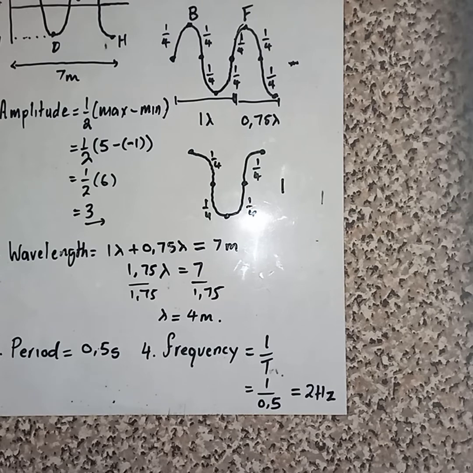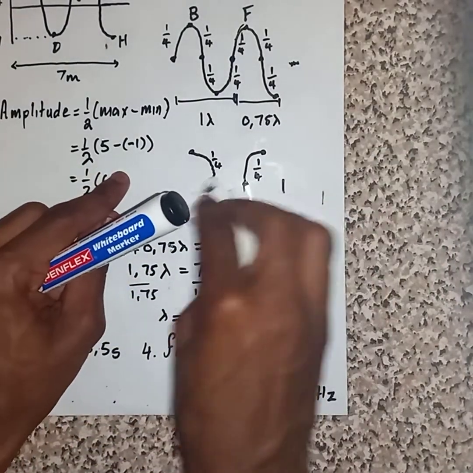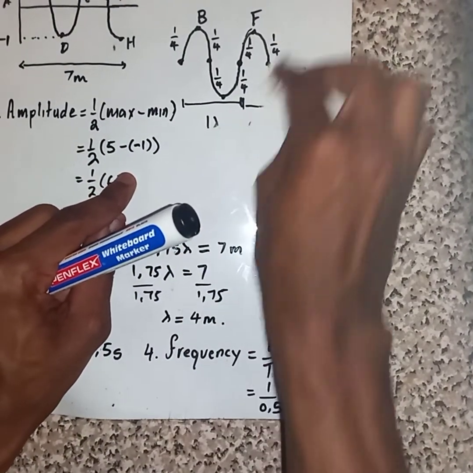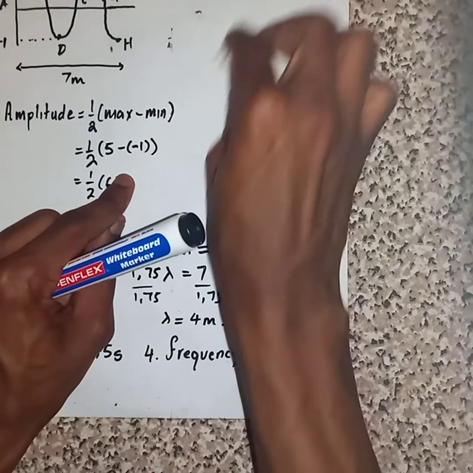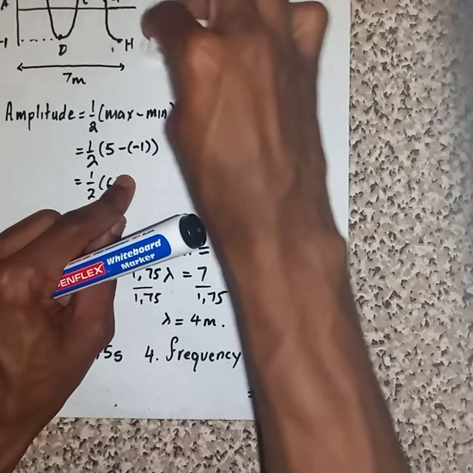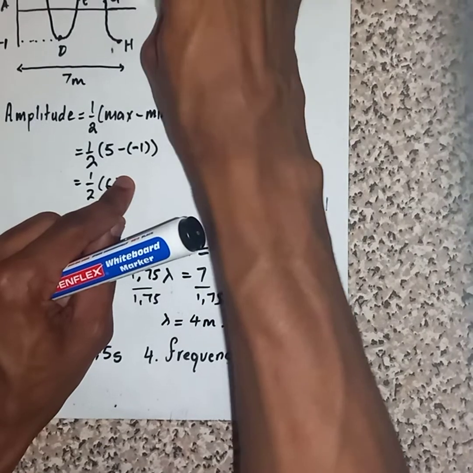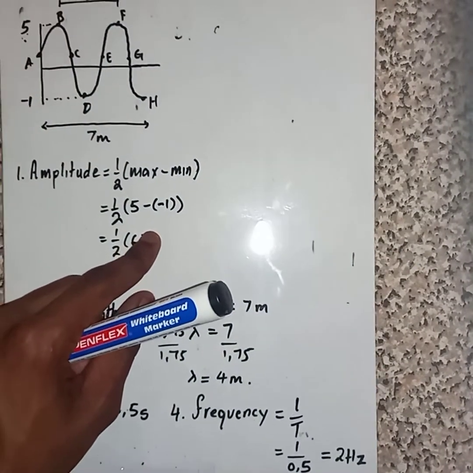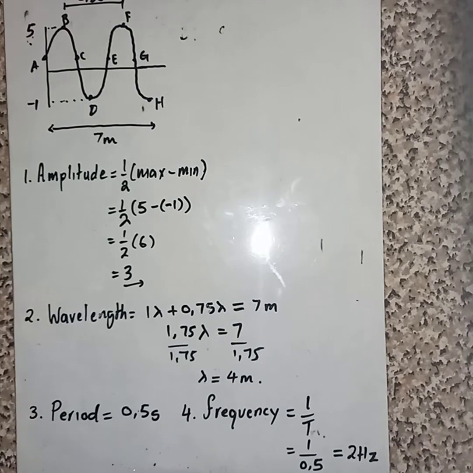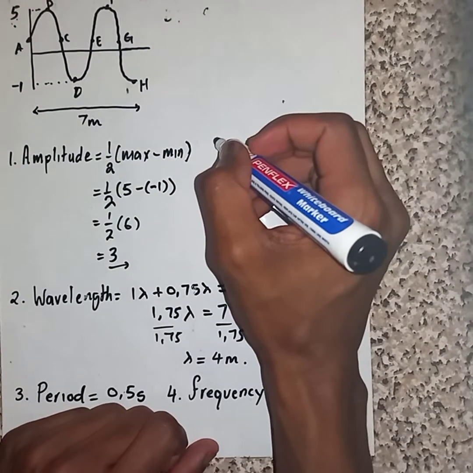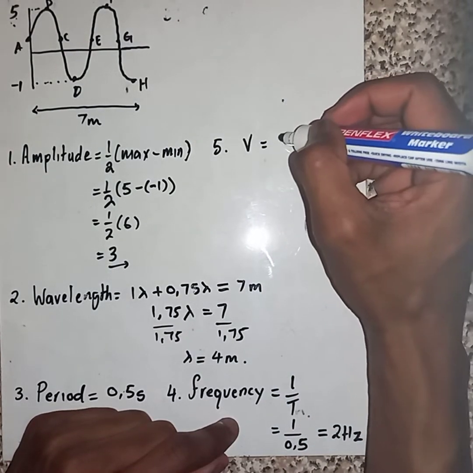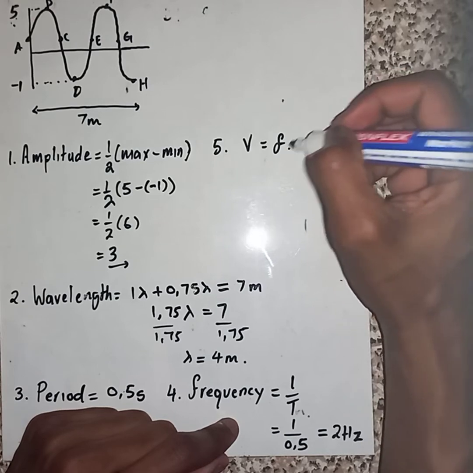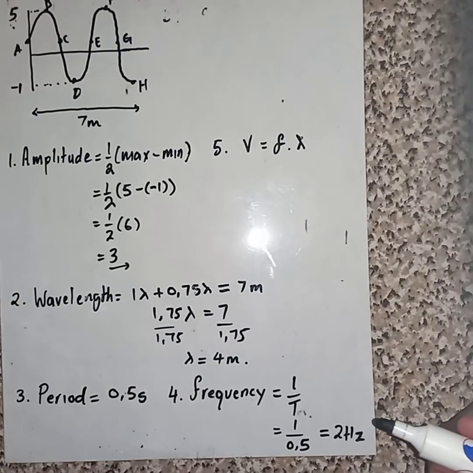Then let's see if we can determine the speed of this wave. Do you still remember the formula on how to calculate the speed of a wave? Let me assist you. Speed is given by frequency multiplied by wavelength.